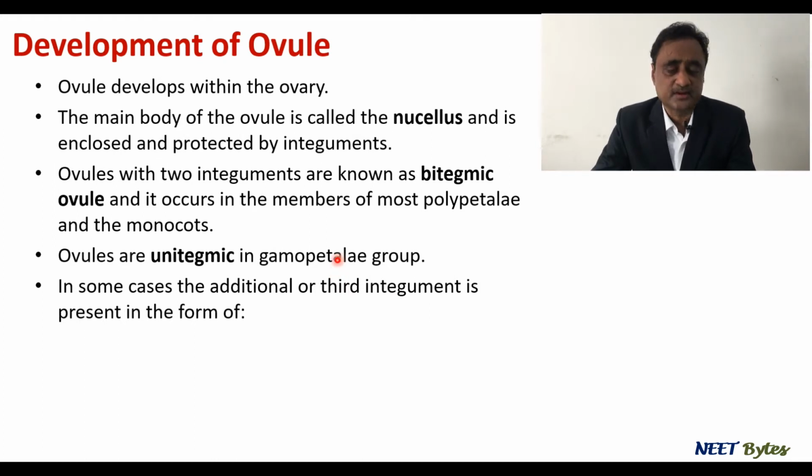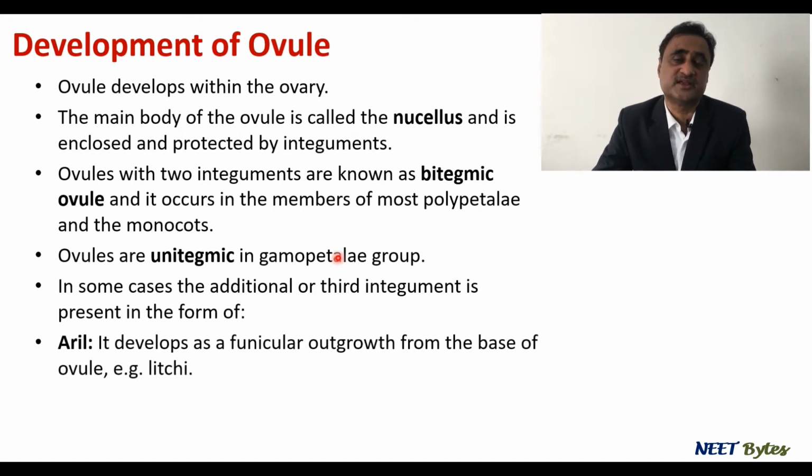In a few cases there are some additional integuments. For instance, take the example of aril. Aril is the third integument, a funicular growth from the base of the ovule that we observe in the case of lychee. The white portion of the lychee that we eat is nothing but the third integument, what we call aril.